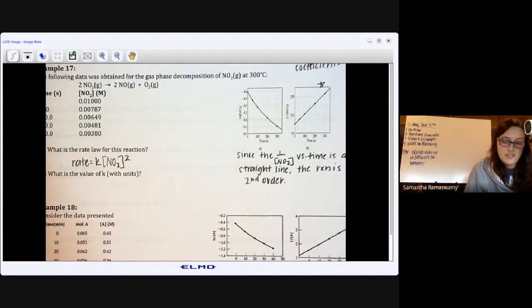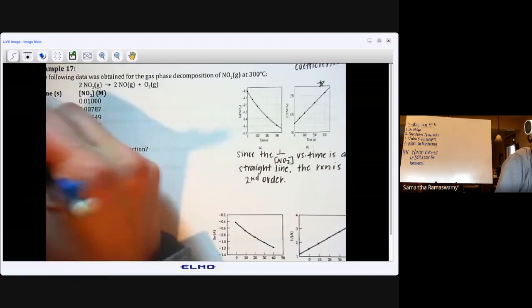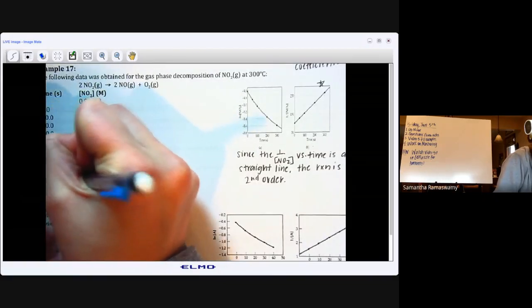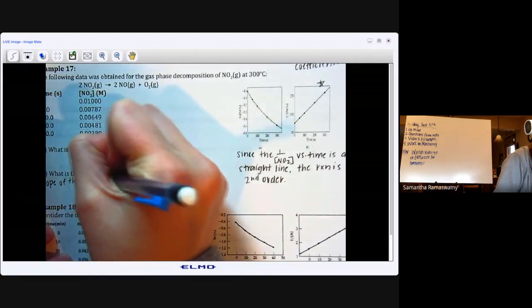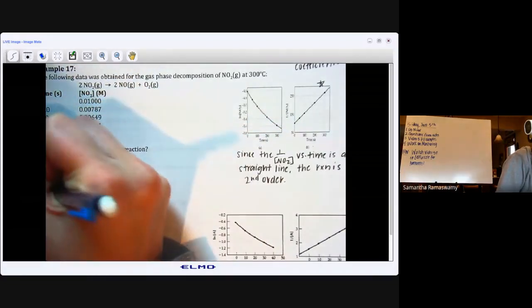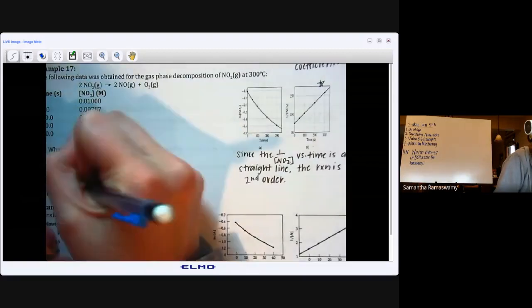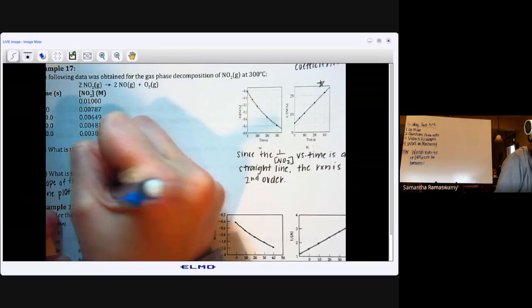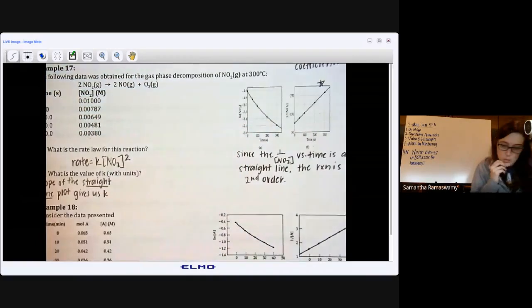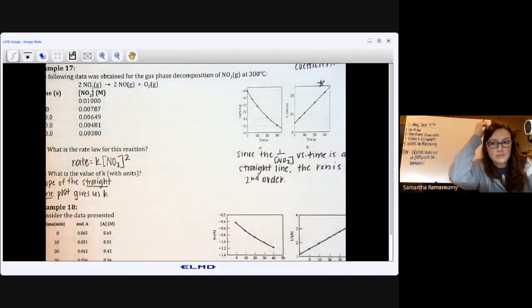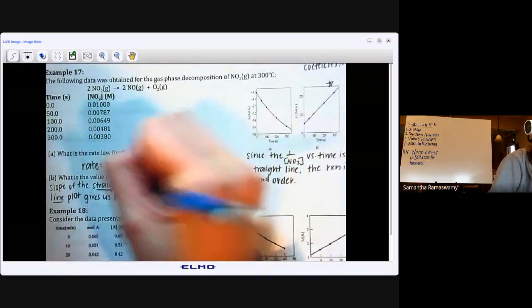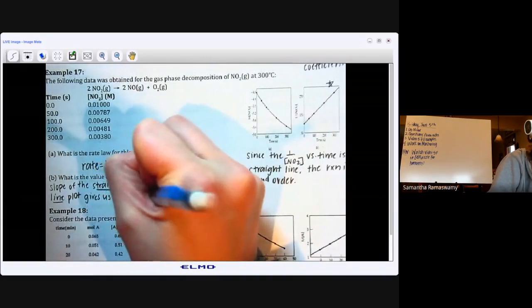If I know what graph gave us a straight line, remember that the slope of the straight line plot gives us K. The straight line was 1 over concentration of NO2 versus time.